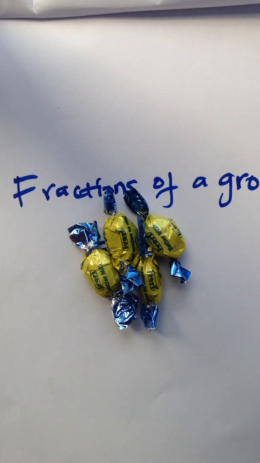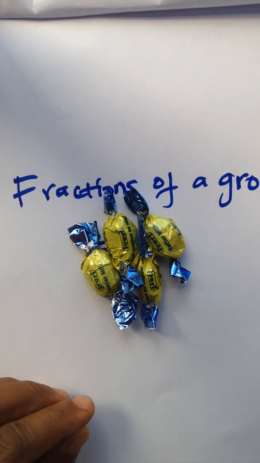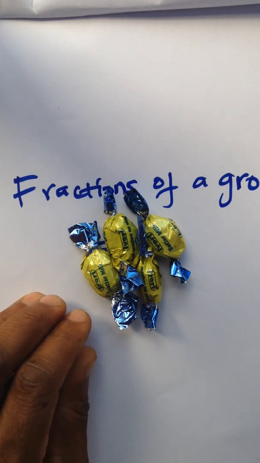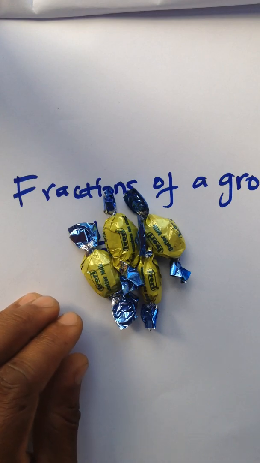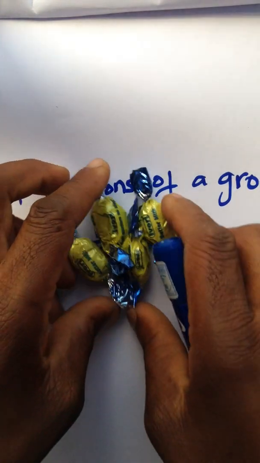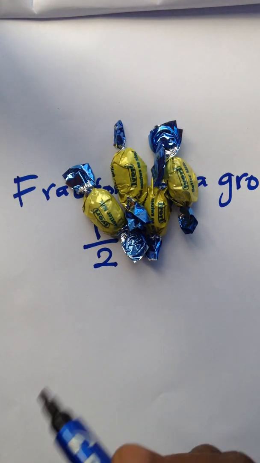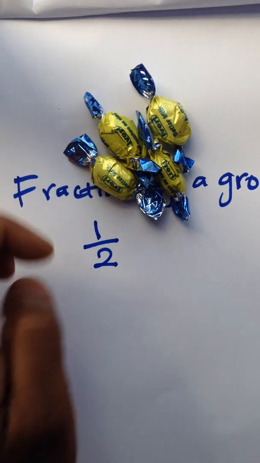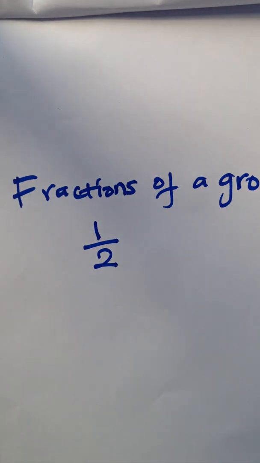And let's assume I have 2 friends that I want to share the sweets equally, so that each of my friends gets an equal number of sweets out of these 4 sweets. So I'm going to have my imaginary friends here.